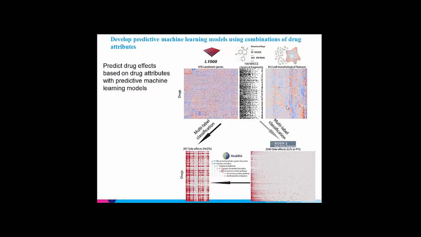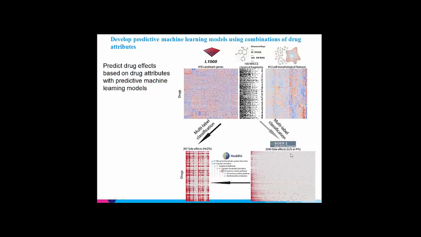Then we can use either a single one of those matrices or any possible combination of those matrices to predict the side effects matrix at different levels of terms.